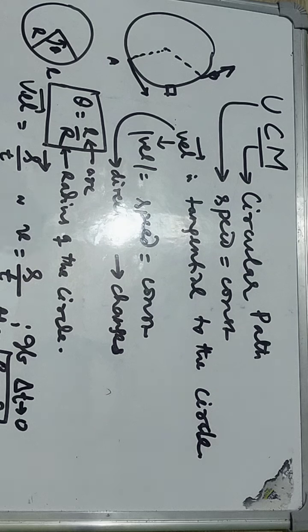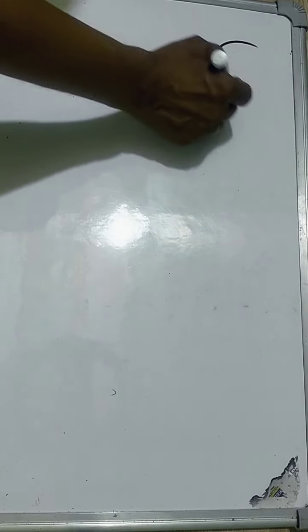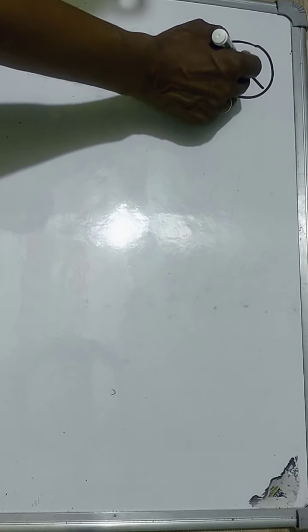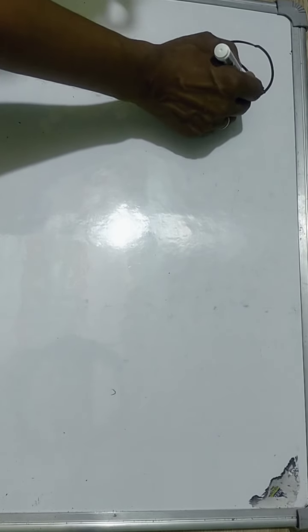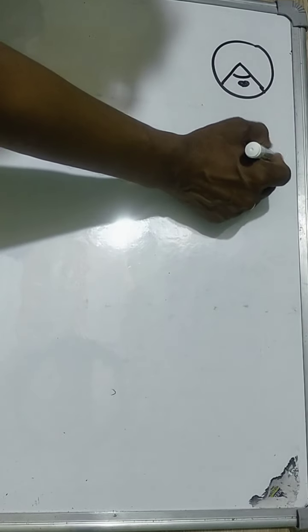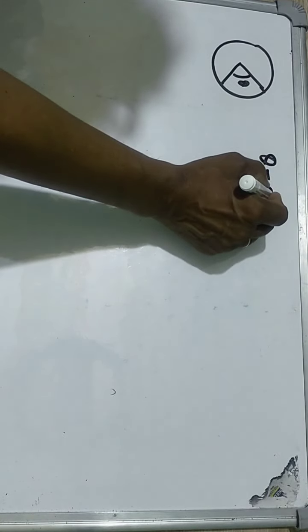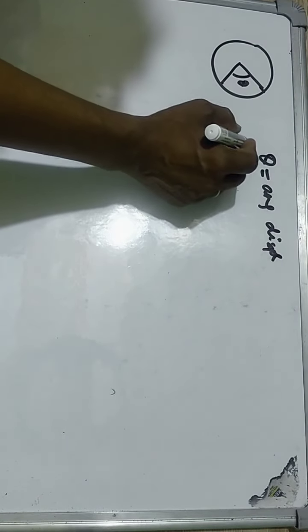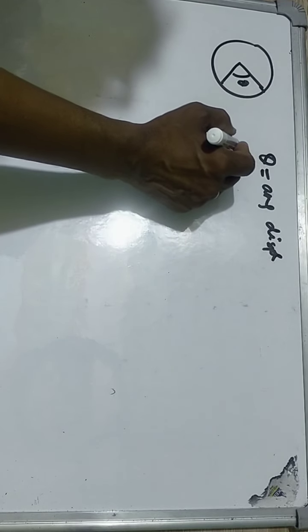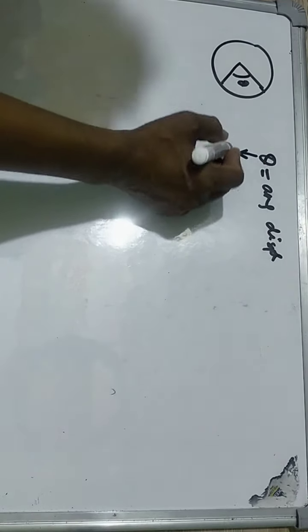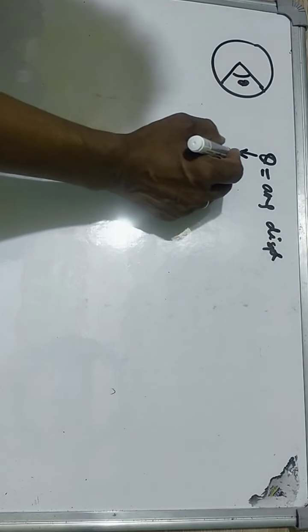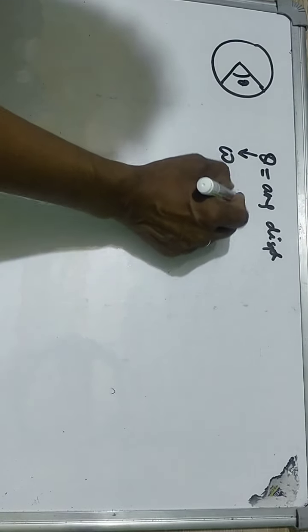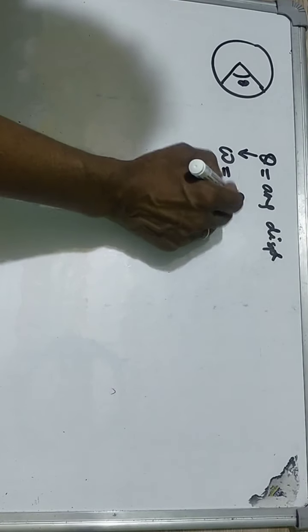Here, theta is the angular displacement, then angular speed is omega, which is the magnitude of theta by t.